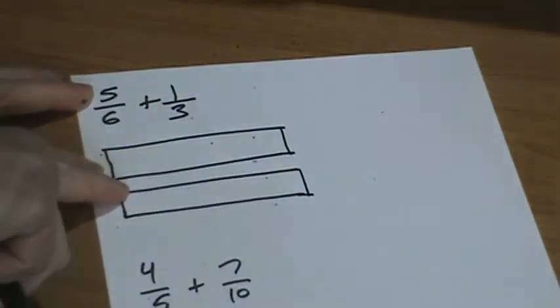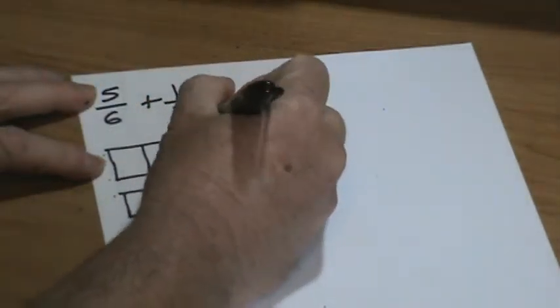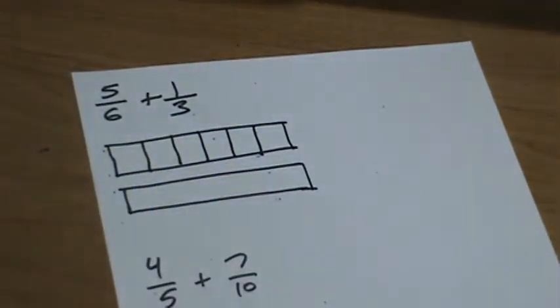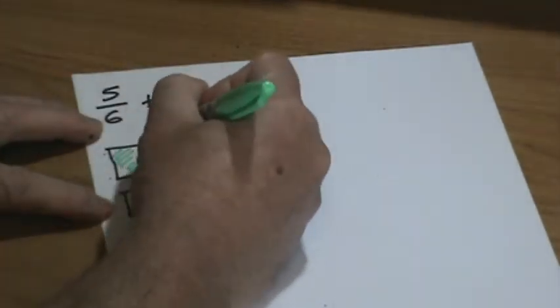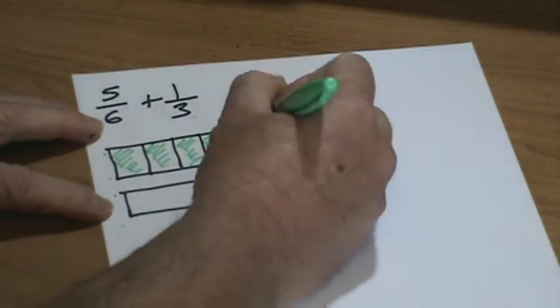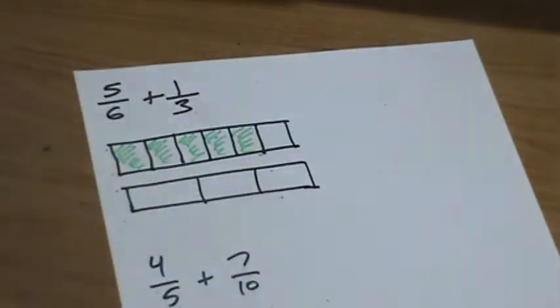The first one's going to show me 5/6. 1, 2, 3, 4, 5, and 6. So let's go ahead and shade in 5 of those. 1, 2, 3, 4, 5, 6. And now we're going to make 1/3. So 1, 2, and 3.